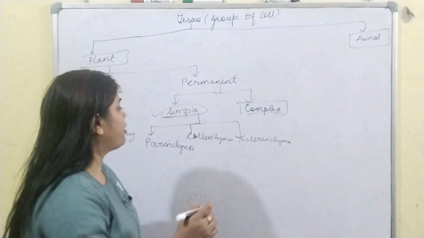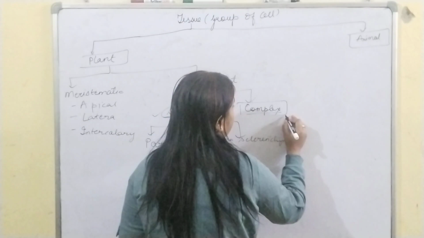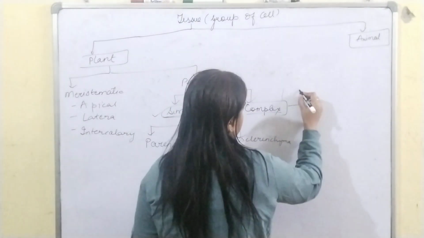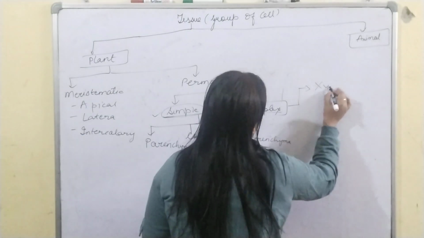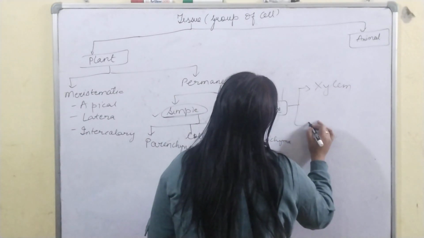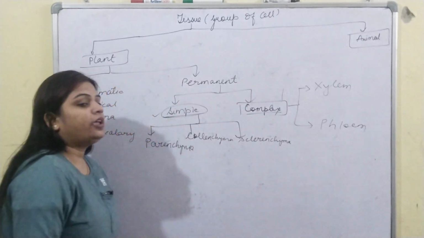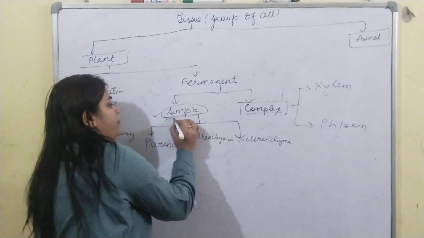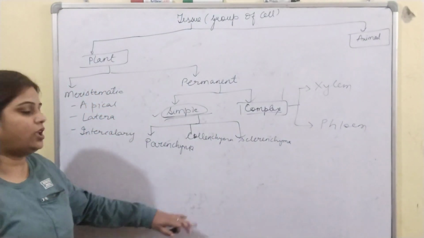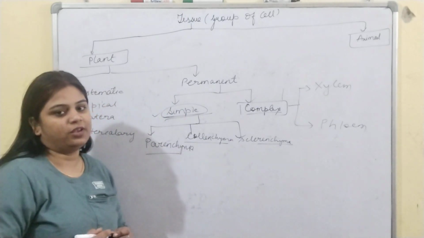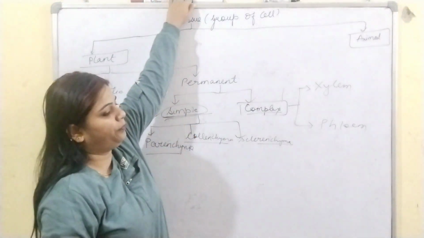And complex is further divided into xylem and phloem. So in this simple permanent tissue, the three tissues are parenchyma, collenchyma and sclerenchyma. So let's discuss about these tissues.